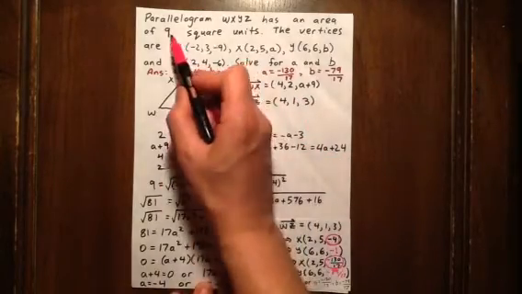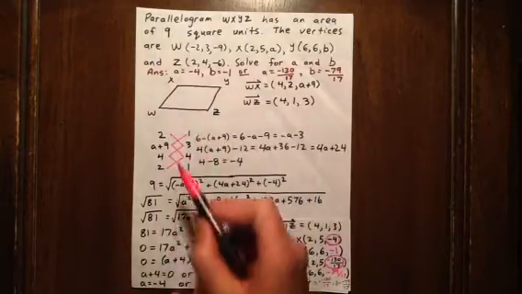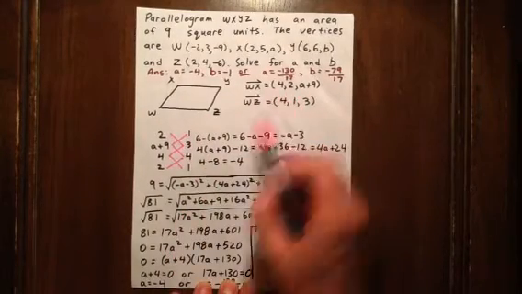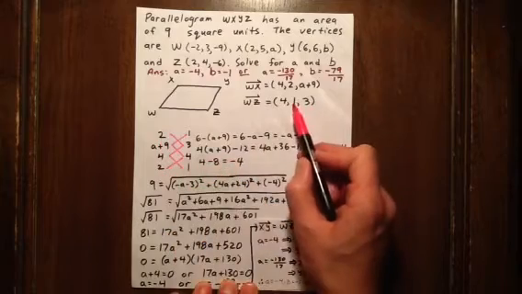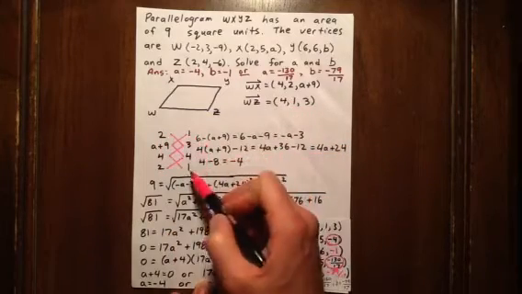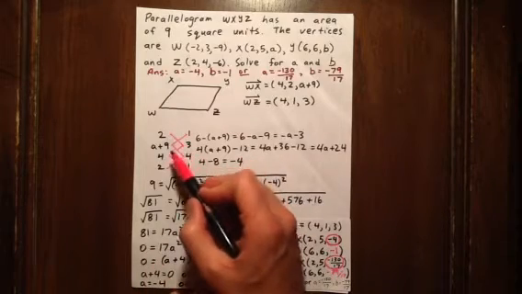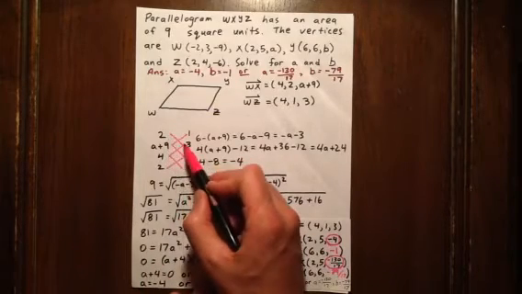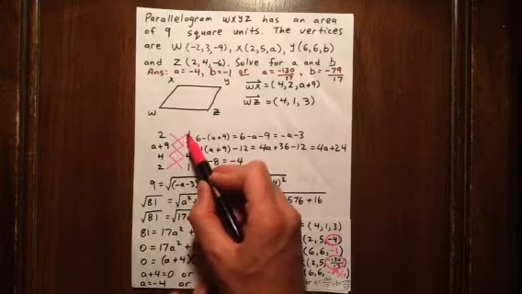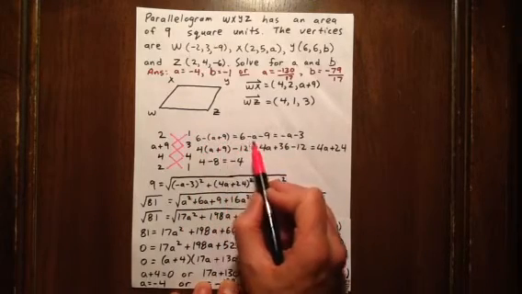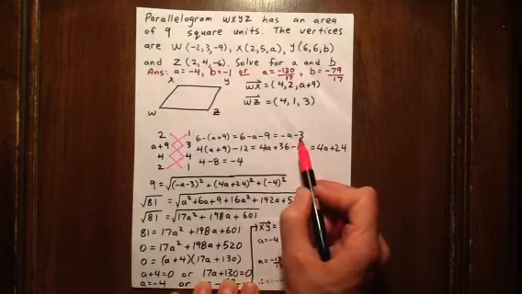Well, we know that the area of it is 9 square units. So we're going to take WX cross WZ, and we're going to patiently determine the cross product. 2 times 3 is 6, minus a plus 9 as a quantity is the same as 6 minus a minus 9, which is negative a minus 3.